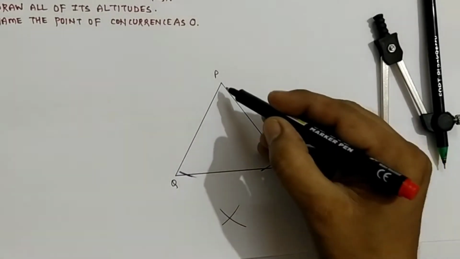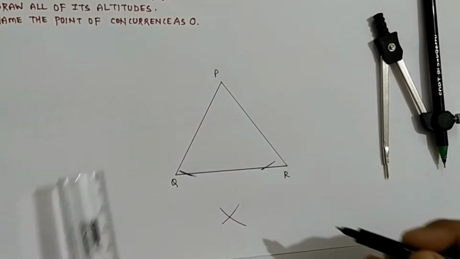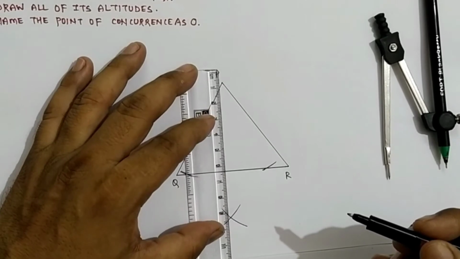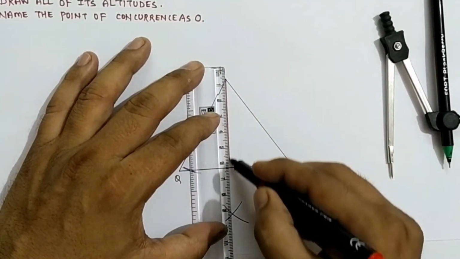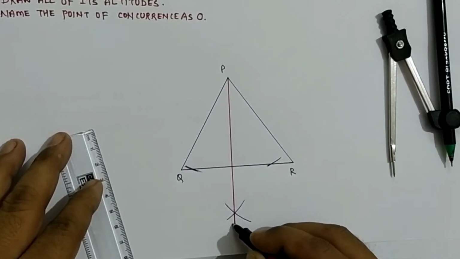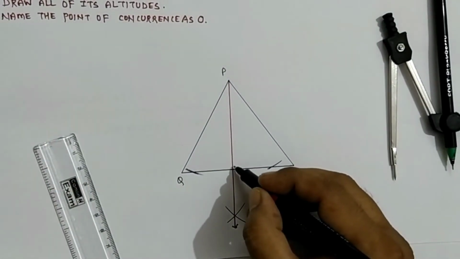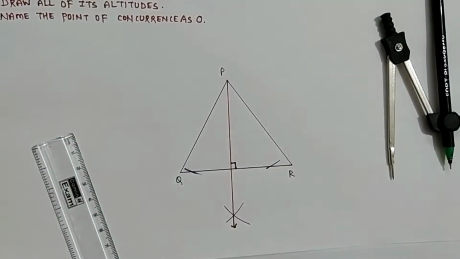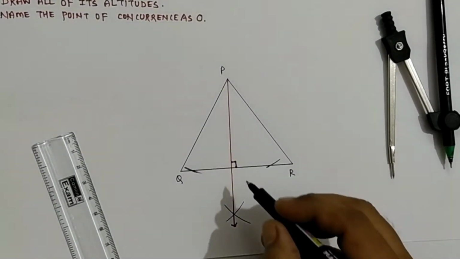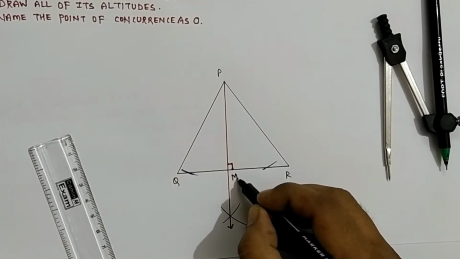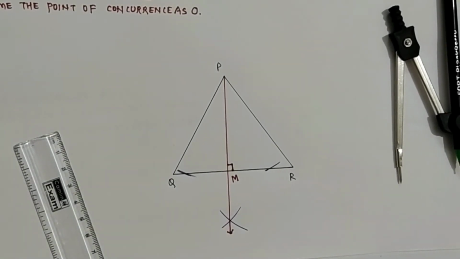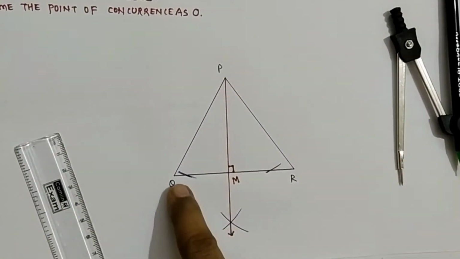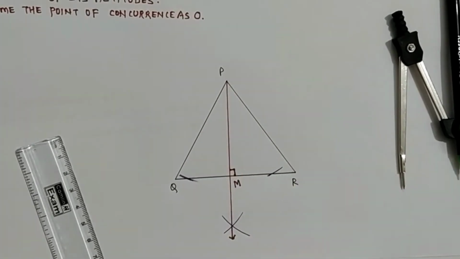And now from this P on this opposite side we draw the perpendicular, draw this line. You can see the perpendicular sign marked here. So this is point M. So this PM is perpendicular to QR. This is the first altitude.